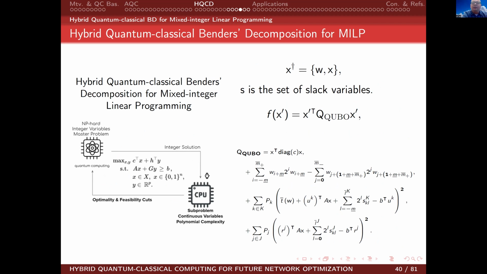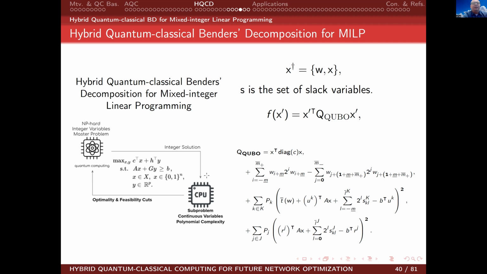Let's make a summary of that idea. First, we use Benders decomposition to divide the problem into a master problem and a subproblem. The subproblem is a linear programming problem, which can be solved very easily.